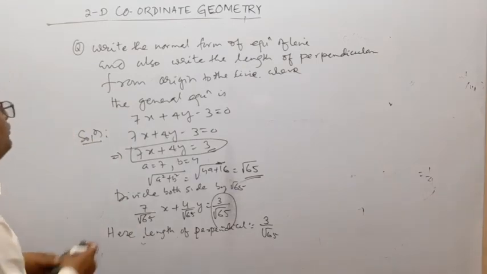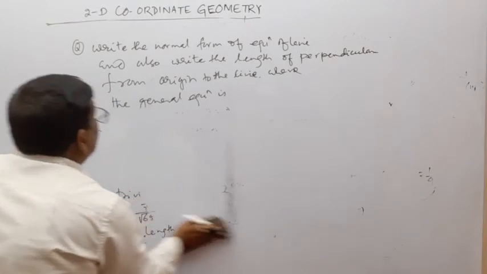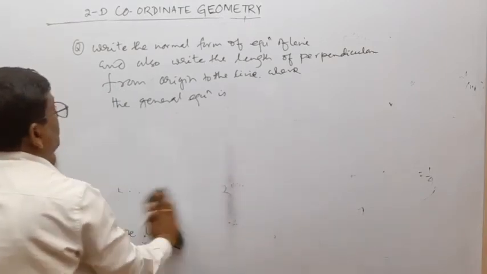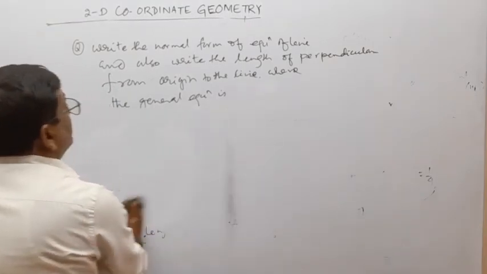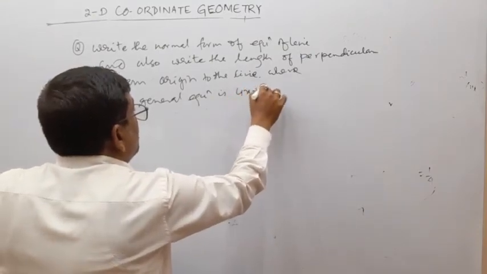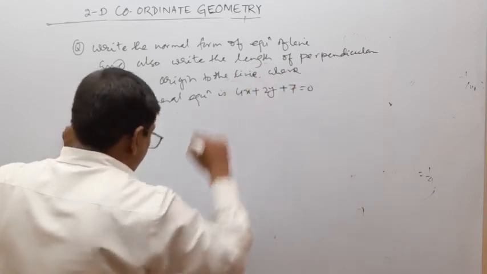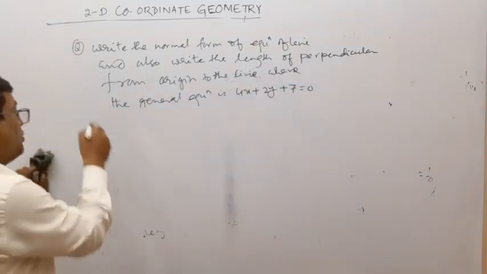Another question: write the normal form of the equation of line, where the general equation is 4x plus 2y plus 7 equal to 0. Same procedure.